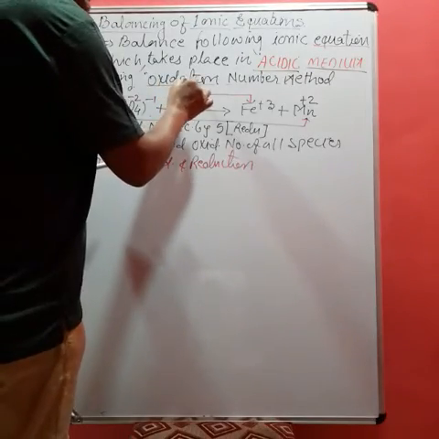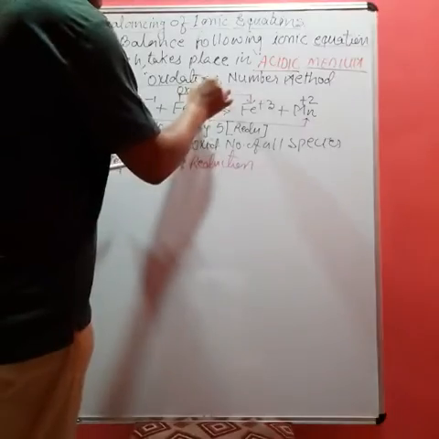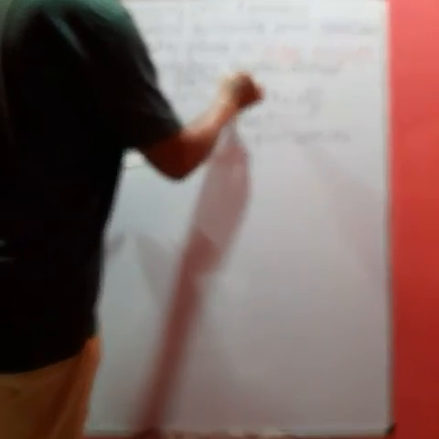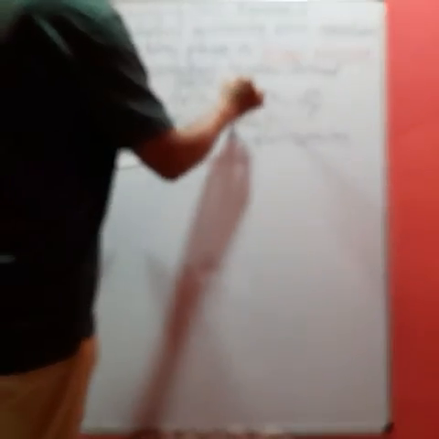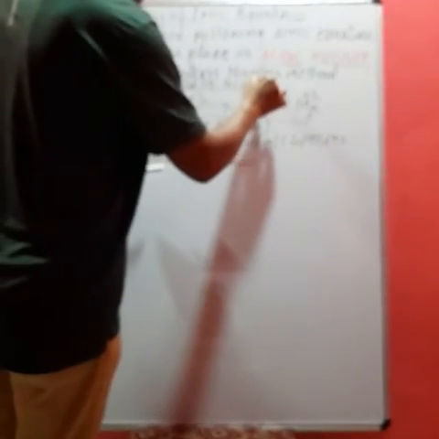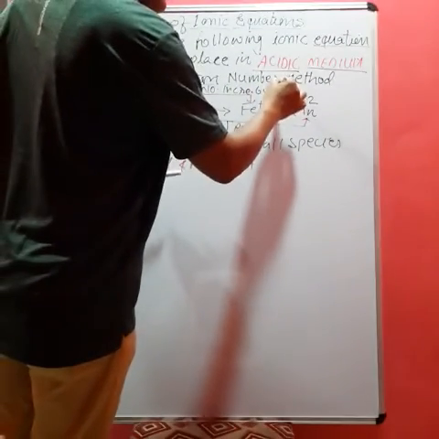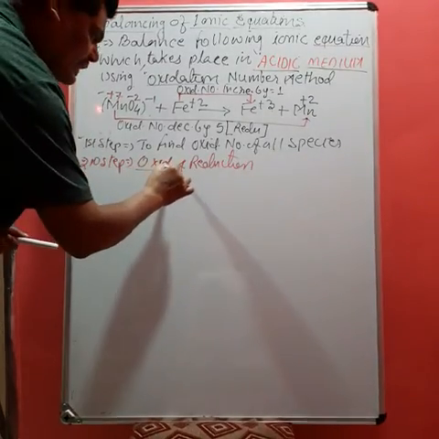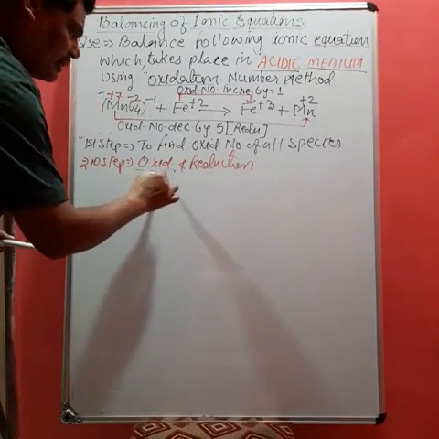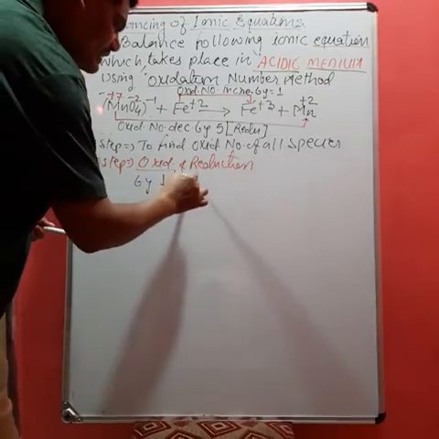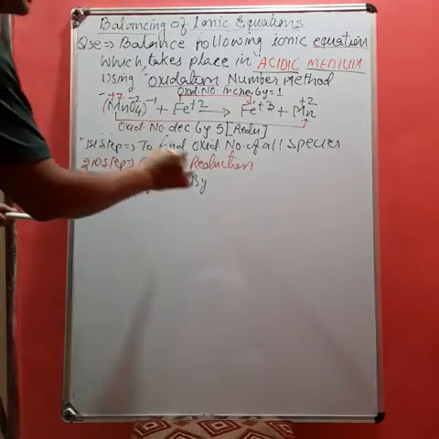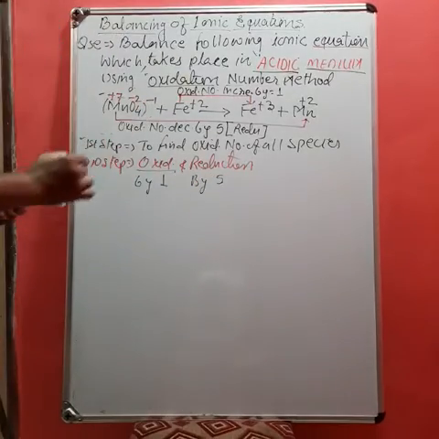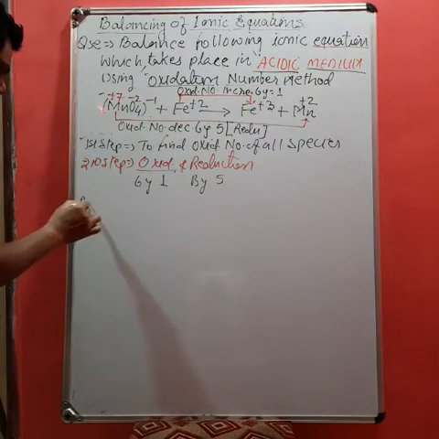That means the oxidation number increases from +2 to +3, by 1. So now you write oxidation by 1 and reduction by 5.